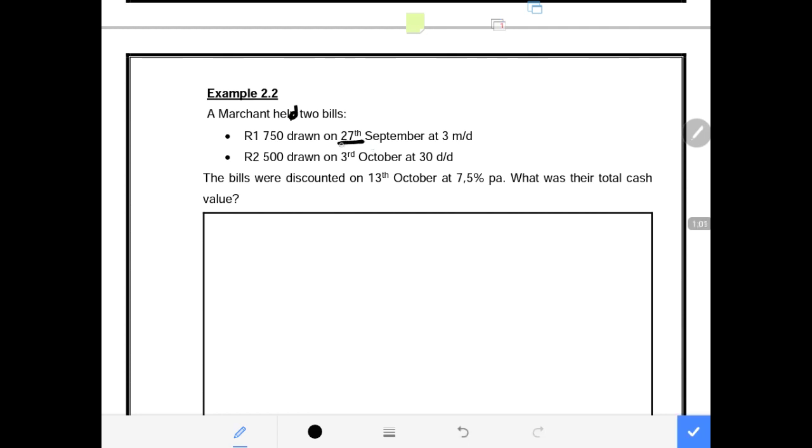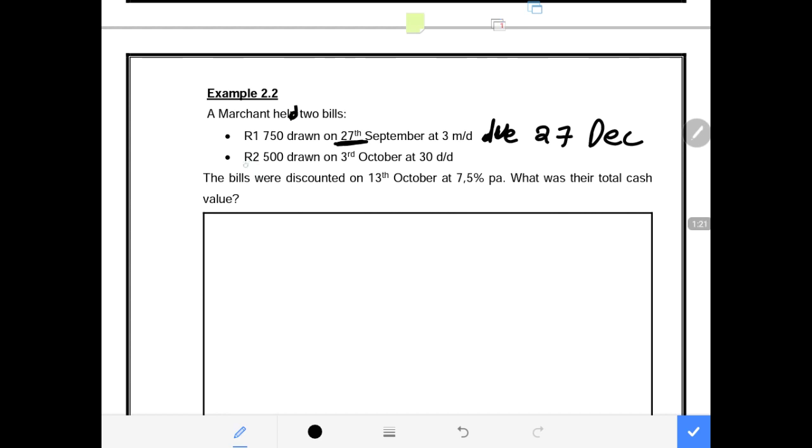So if drawn on the 27th of September, it will be October, November, December, meaning the bill is due on the 27th of December the same year.